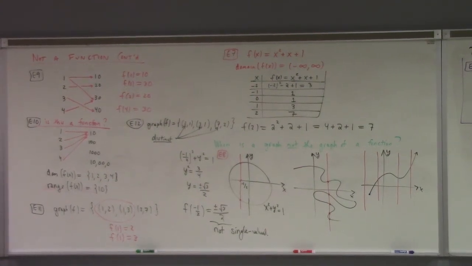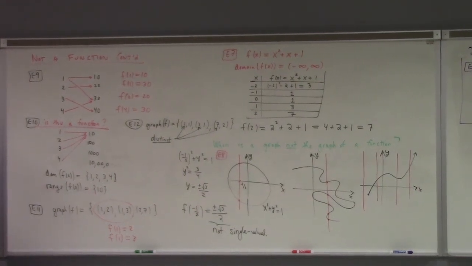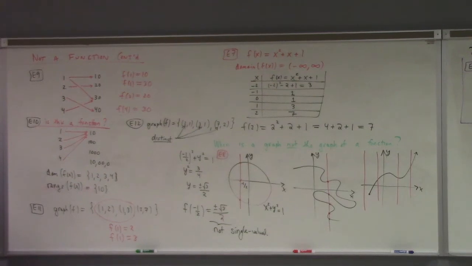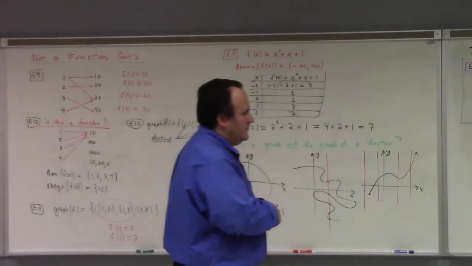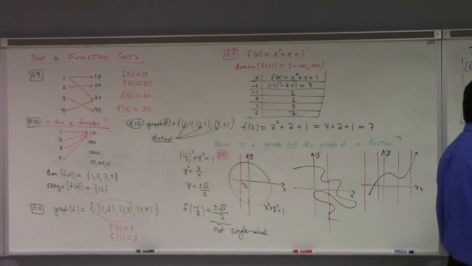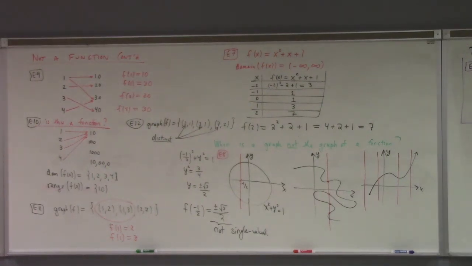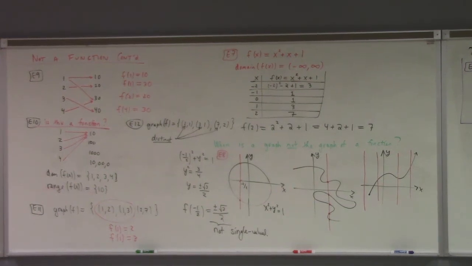Let's say in example 11, if one of the points is excluded, could you still say it's a function? Oh, you mean if I just threw out one of the pairs? In the graph over here, like 3, 4, that one 3 is included and the other 3 is excluded.